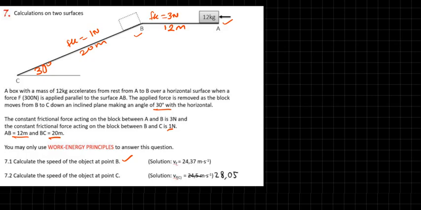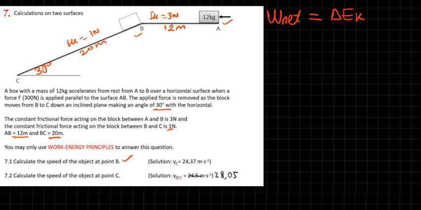The work energy theorem states that the net work done on an object is equal to the object's change in kinetic energy.